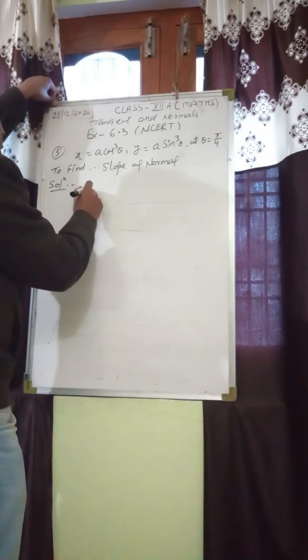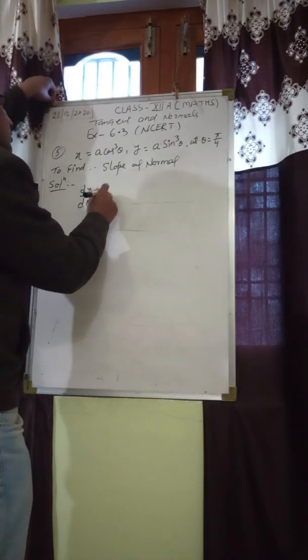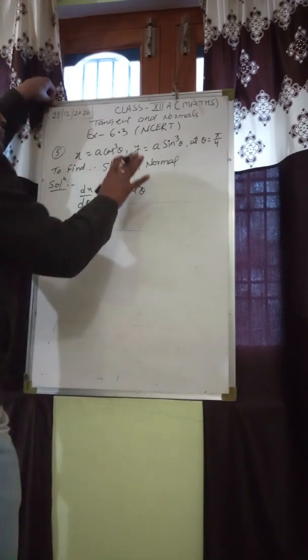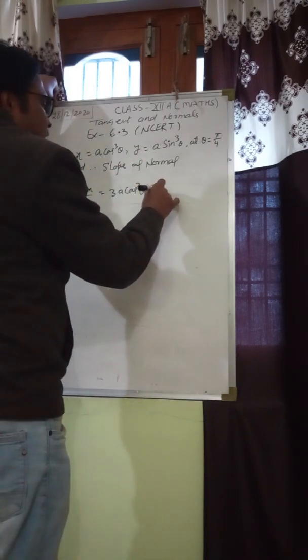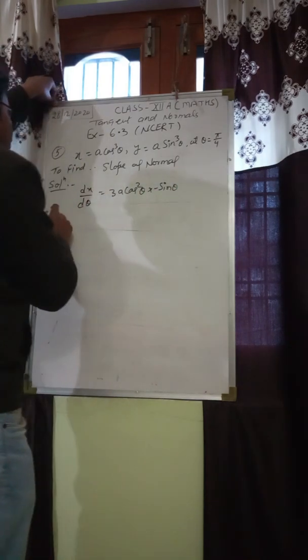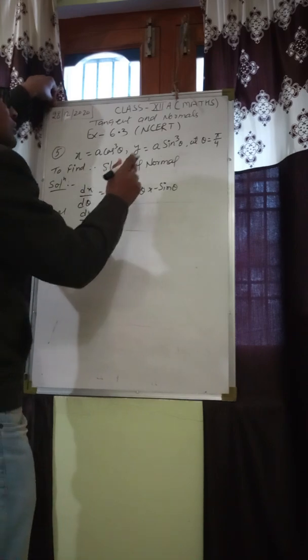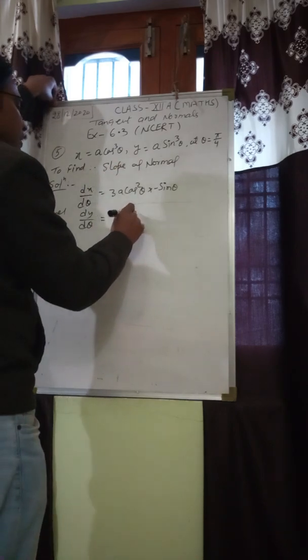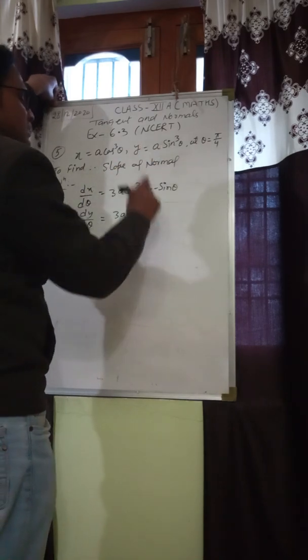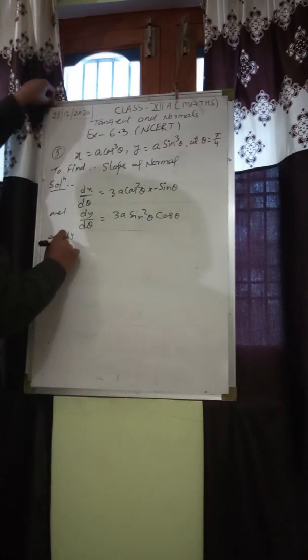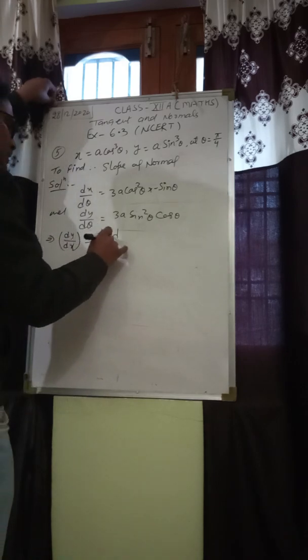So dx by d theta will be equal to 3a cos square theta, and differentiation of cos theta is minus sin theta. And dy by d theta is equal to 3a sin square theta, where differentiation of sin theta is cos theta. Now dy by dx is equal to dy by d theta upon dx by d theta.